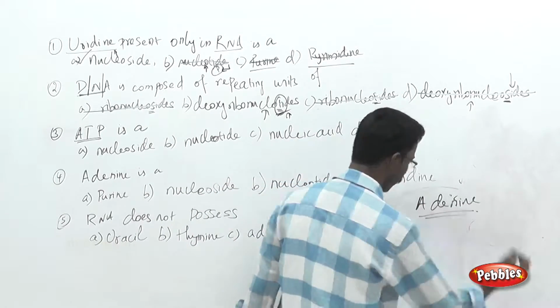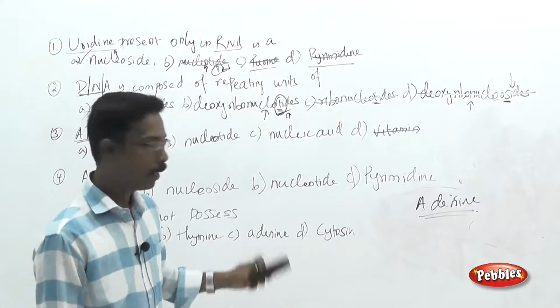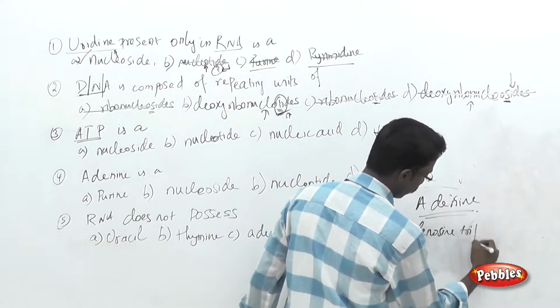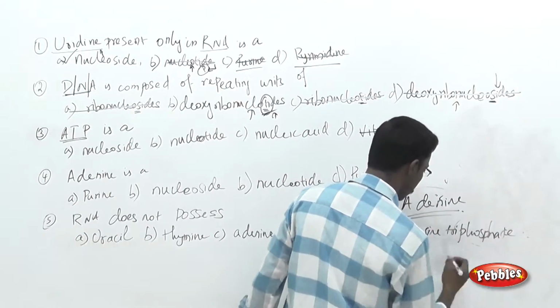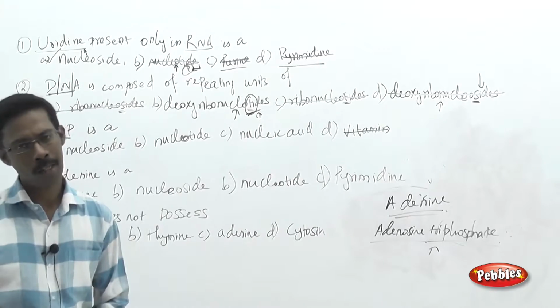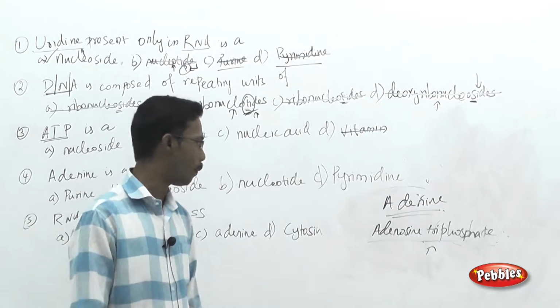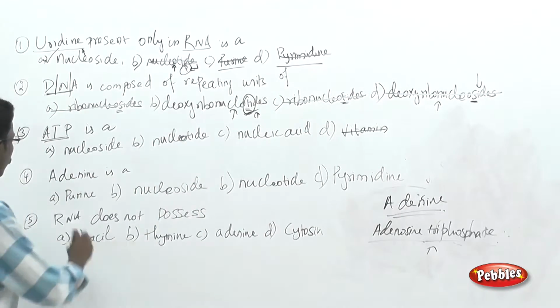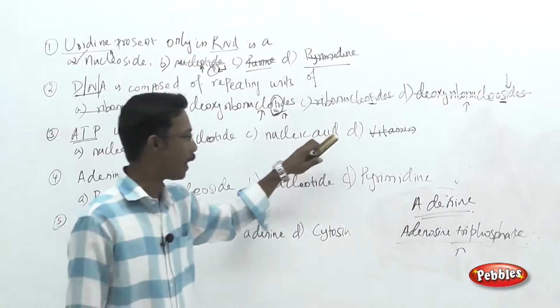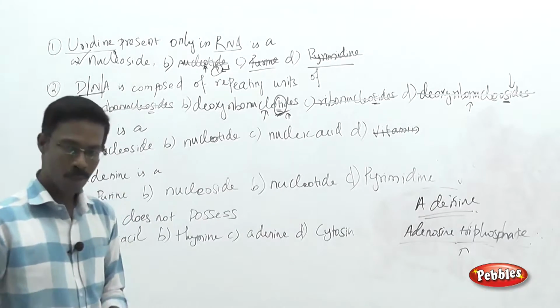What is the full form of ATP? Adenosine triphosphate. It is present in both the DNA and RNA as adenosine triphosphate. So the point you have to remember over here, ATP is a nucleoside, nucleotide, nucleic acid or vitamin.